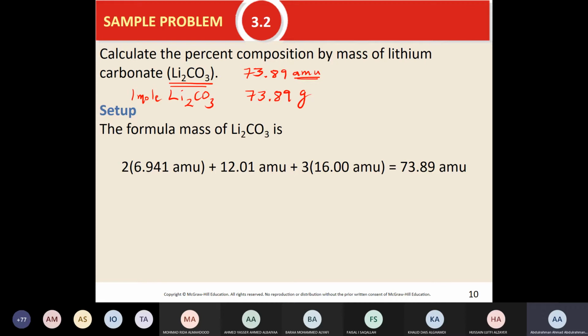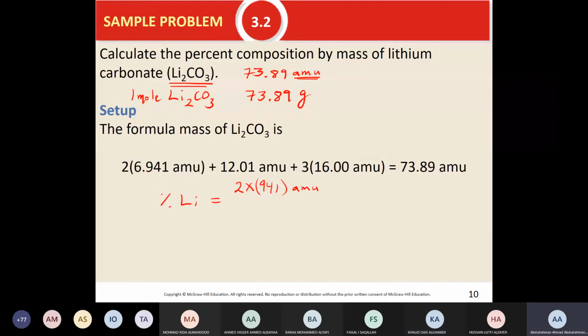Now I want you to calculate the percentage of lithium in this compound. Two times what? The mass of the lithium, 6.941. What is the unit?